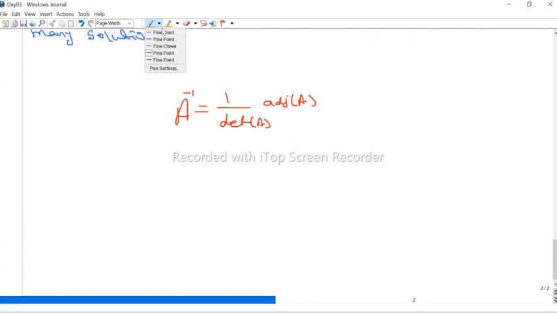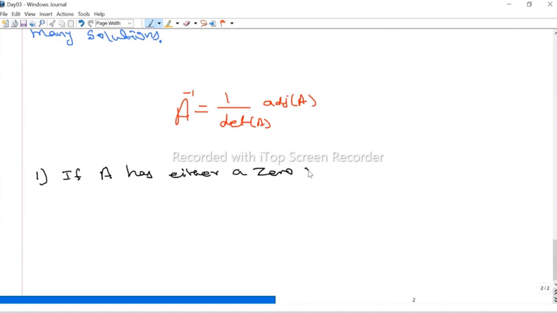So the first property of determinant: if a square matrix A has either a zero row or two identical rows, then the determinant of the matrix is zero.